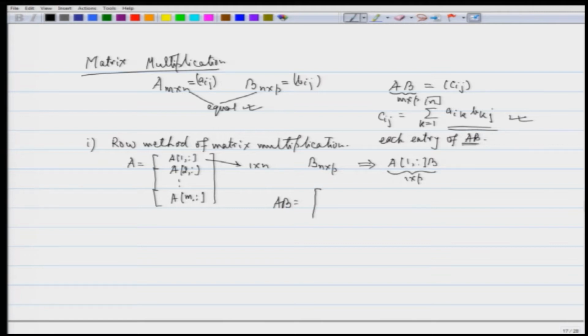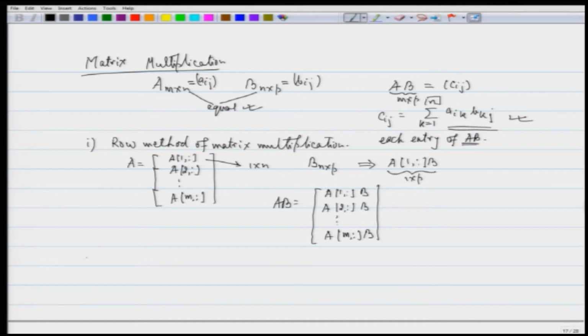And therefore, when I want to talk of AB, I could write it as the first row of A times B, the second row of A times B, and so on, the mth row times B. This was one way of writing it.